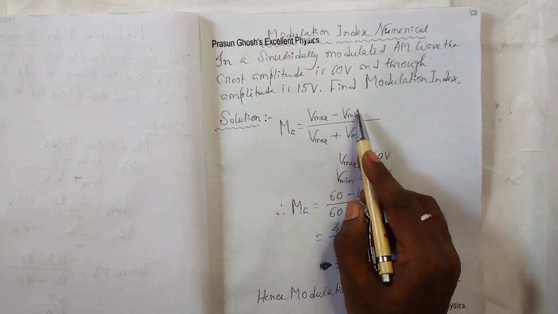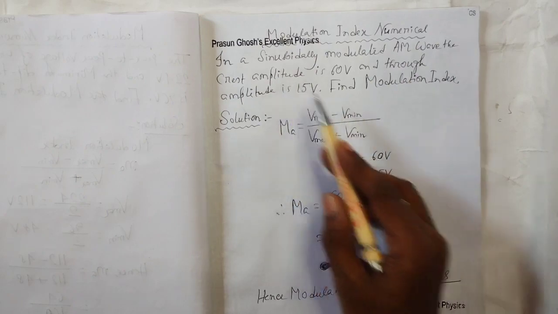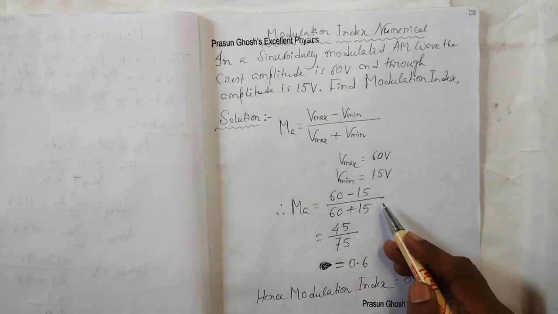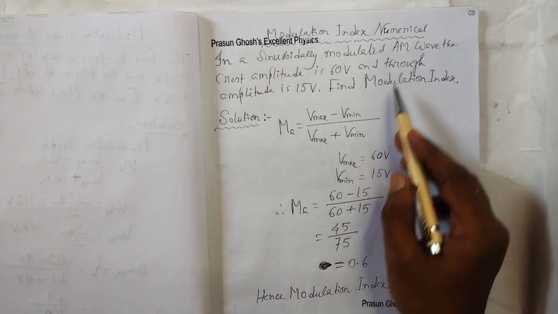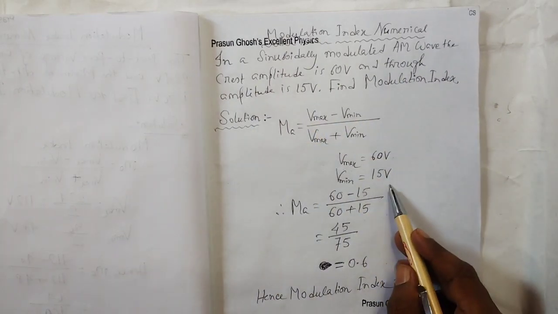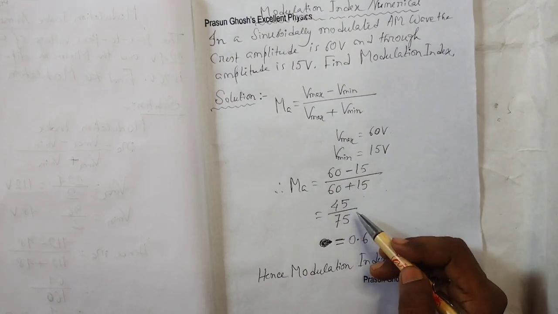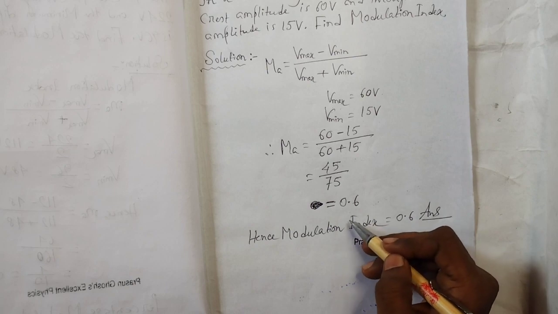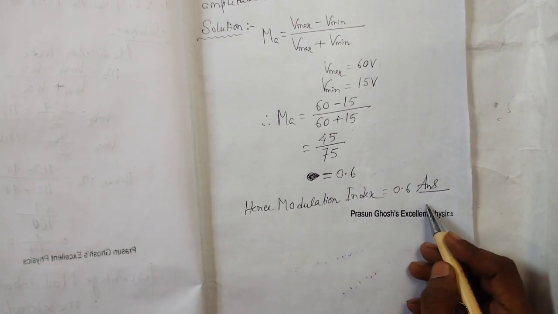Ma equal to (Vmax minus Vmin) by (Vmax plus Vmin). Vmax is 60 volt, that is the crest amplitude, and the trough amplitude is 15 volt, that is Vmin. Putting the values of Vmax and Vmin in this equation, we get 0.6. Hence the modulation index is 0.6.